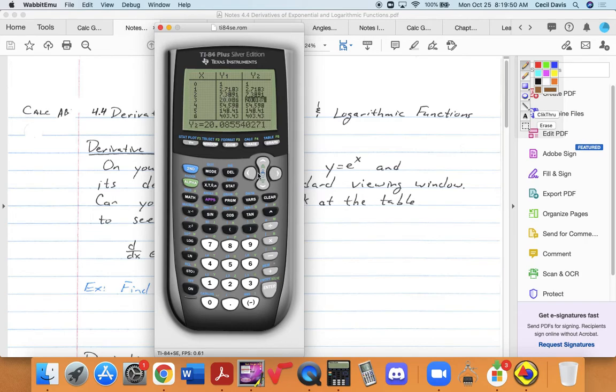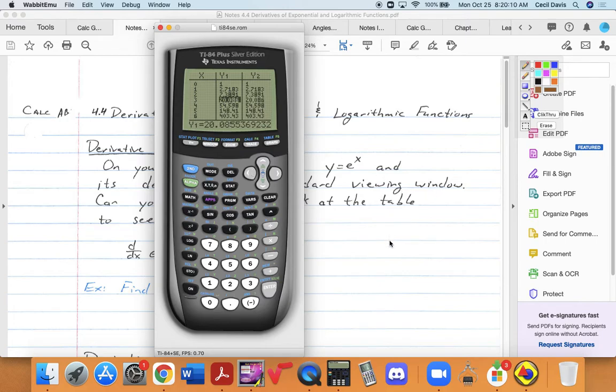Now, why aren't they perfectly the same? Round years. Yeah, decimals suck. No, decimals don't suck. It's because when you do the numeric derivative on your calculator, it is estimating it. It's not perfect.